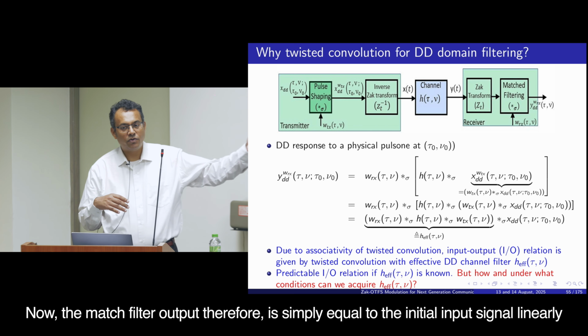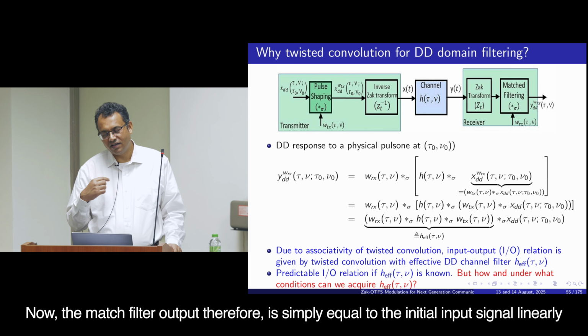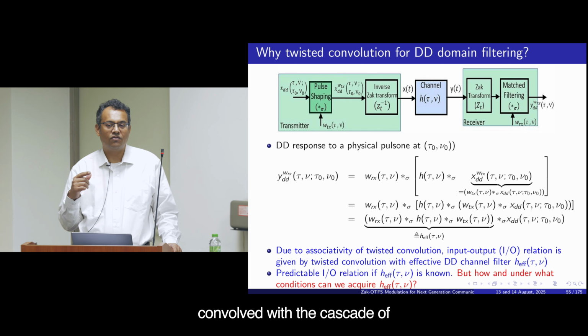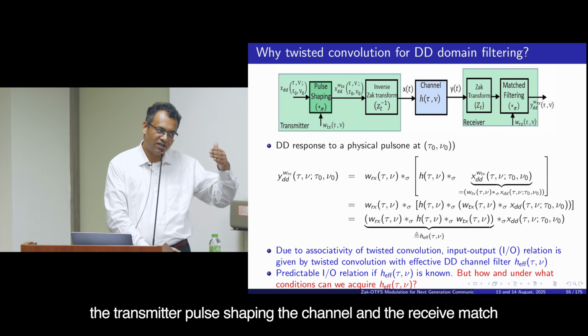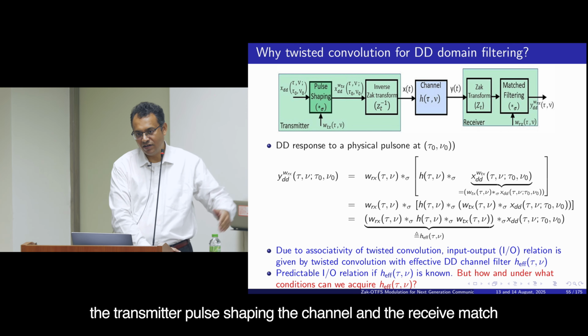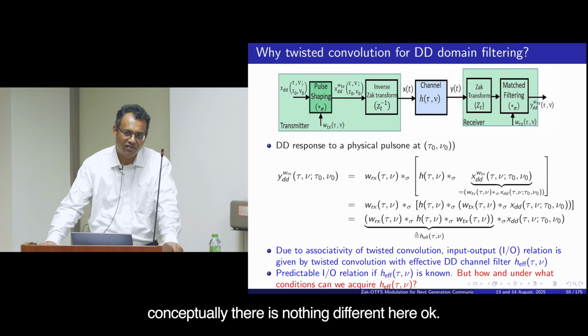Now, the match filter output is simply equal to the initial input signal linearly convolved with the cascade of the transmitter pulse shaping, the channel and the receive match filter. That is what I am doing here, it is the same thing conceptually, there is nothing different here.